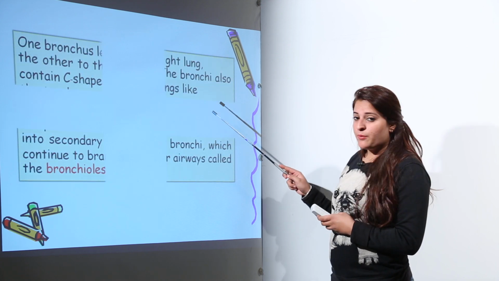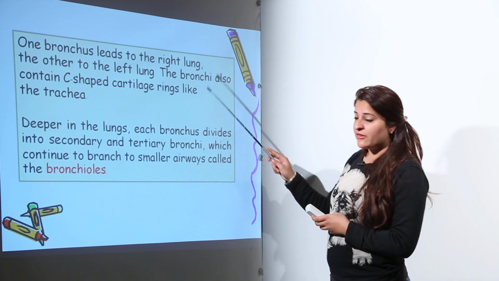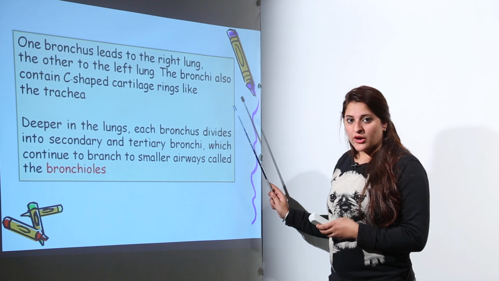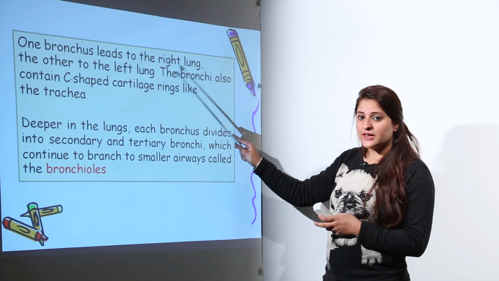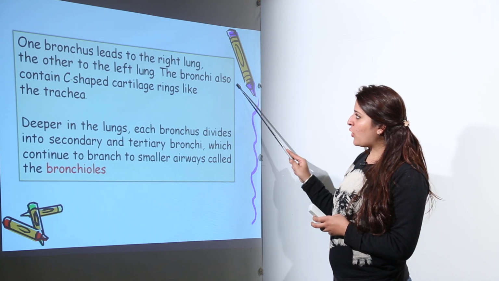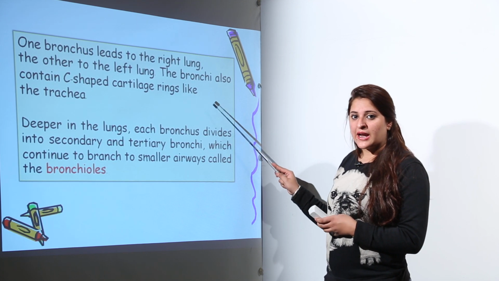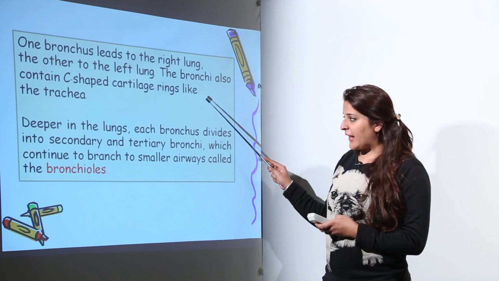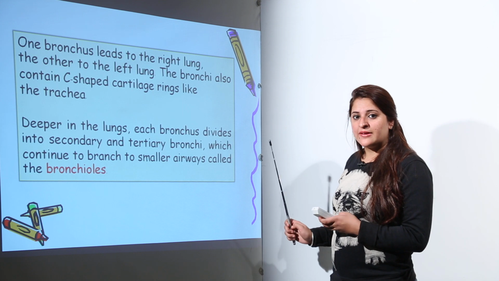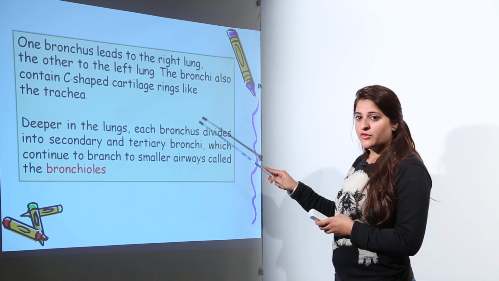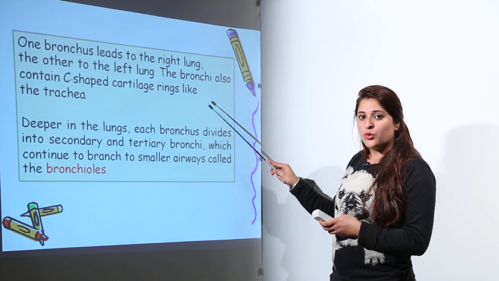The next is the bronchi and bronchioles. As I have told you, there are two bronchi, two tubes leading to each lung, one to the right lung and the other to the left lung, and the bronchi also contain a C-shaped cartilage-like structure, as does the trachea. Deeper in the lung, each bronchus will divide into primary and secondary. The primary bronchus is a single tube which moves into the lungs.